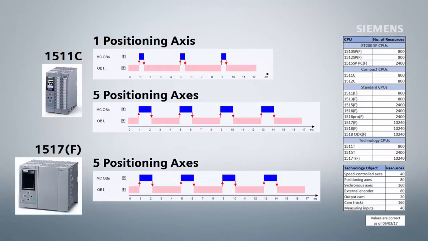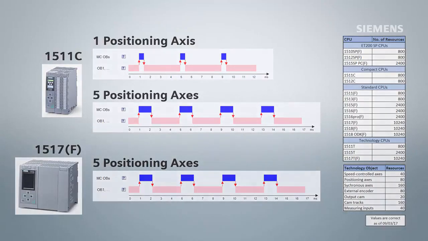The motion control resource limits for a CPU are intended as a theoretical maximum. The closer to the limit you are, the less dynamic performance you will be able to achieve from the drives. If in doubt when specifying a CPU, please contact your distributor or a Siemens representative.